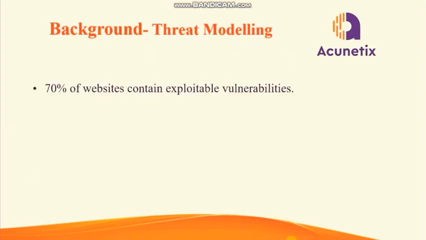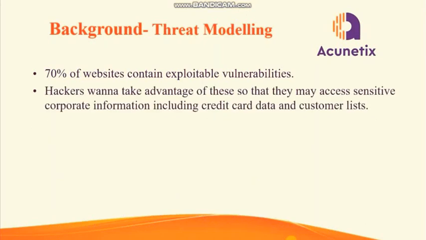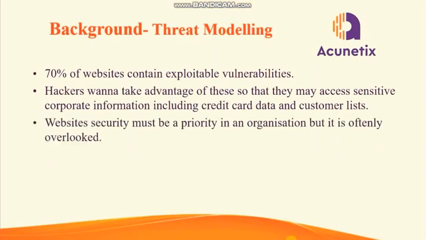About 70% of websites contain exploitable vulnerabilities, which hackers want to take advantage of so that they may access sensitive information of corporates or organizations. Usually this information includes credit card data as well as customer lists.